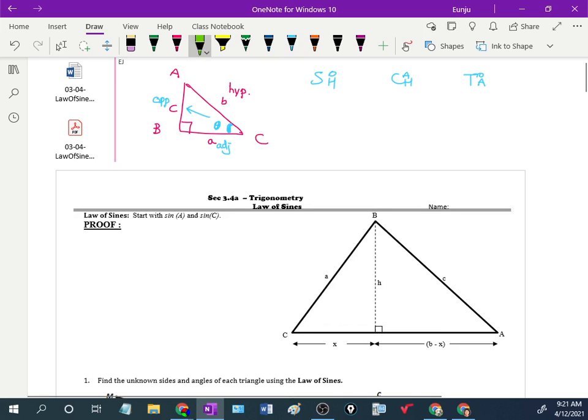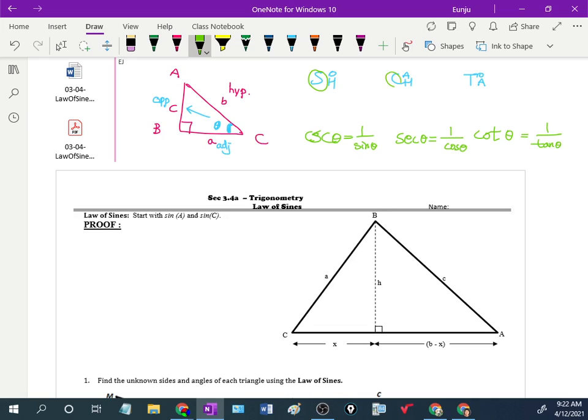We also learn about secant, cosecant, and cotangent. We define those as reciprocals of the functions above: 1 over sine theta is cosecant theta, 1 over cosine theta is secant theta, and 1 over tangent theta is cotangent theta.